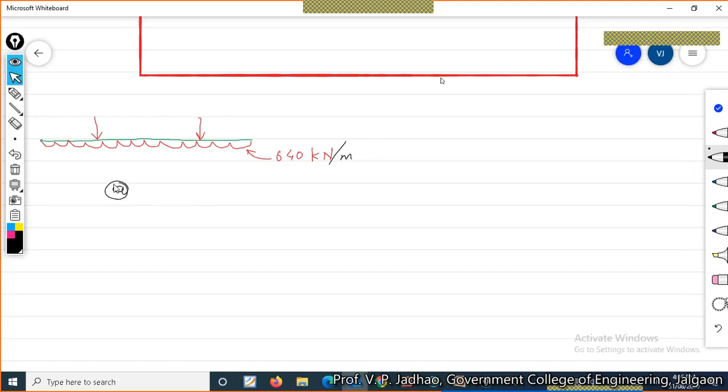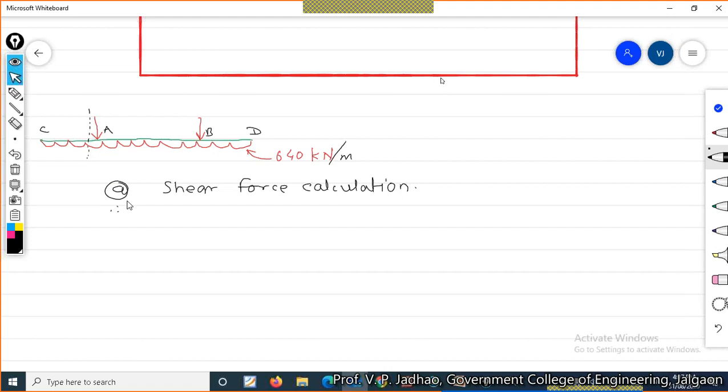Let us consider shear force calculation. Okay, let us consider this as A and this as B, this as C and this as D. Therefore first we'll take a section on just left side of A.